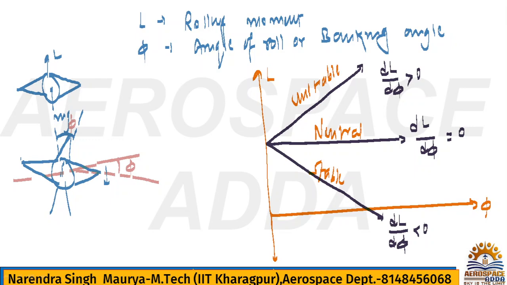So in terms of beta also, you can write the same relation, just like the rolling moment you have written here. So we can write in terms of the side slip angle. Now this was phi, but I will give a different name. This is now beta, where beta is nothing but side slip angle.